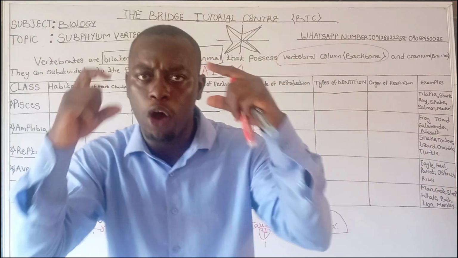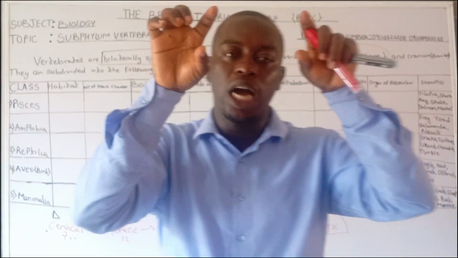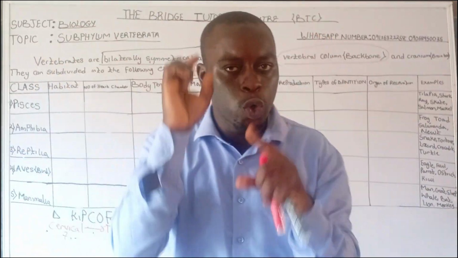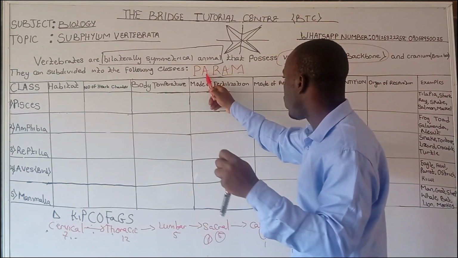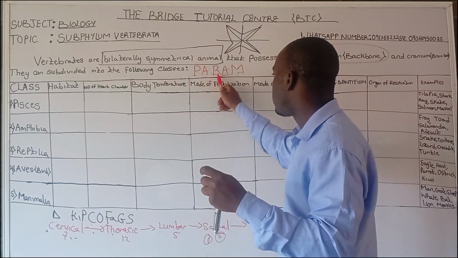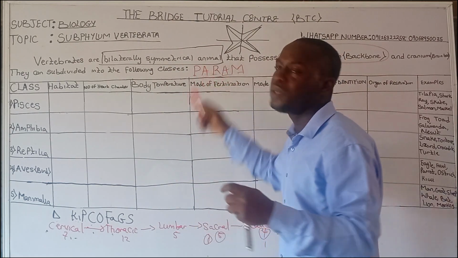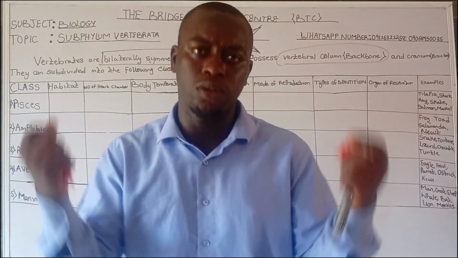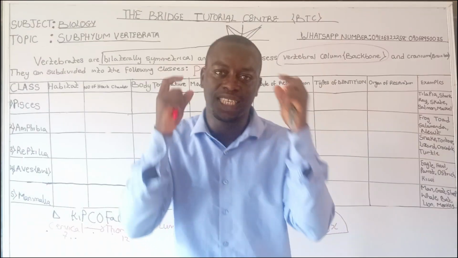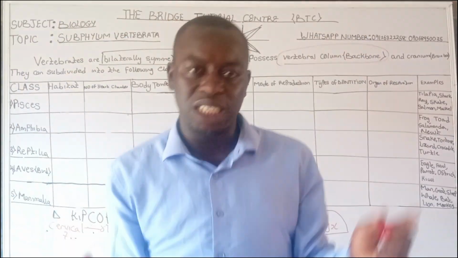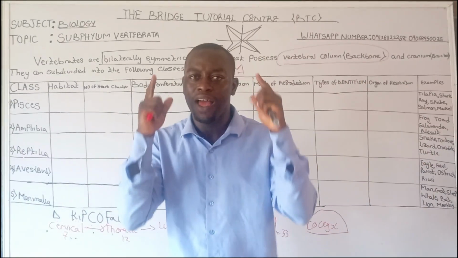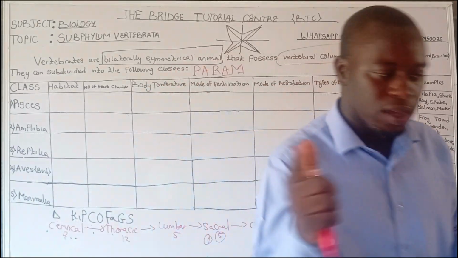So let us memorize the acronym PARAM. So you have to know how one follows the other. So we can assume amphibia evolved from Pisces, reptilia evolved from amphibia, and so on. So let us take note of that. PARAM, classes under Phylum Vertebrata.